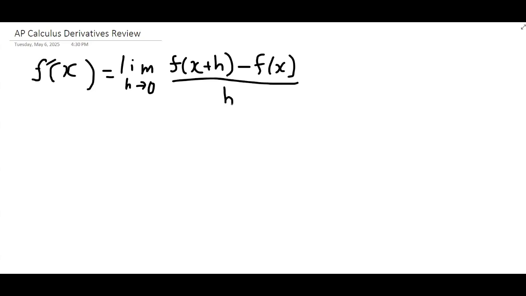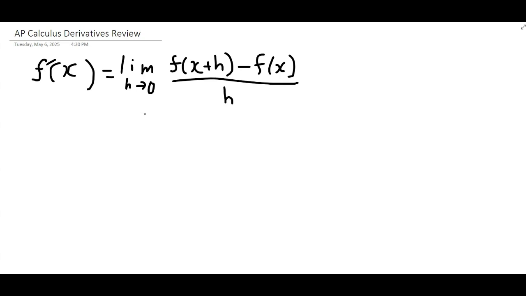Okay, so this is the formula you should know when you're trying to find the derivative of a function with respect to x. And then, of course, you can use the limit here.